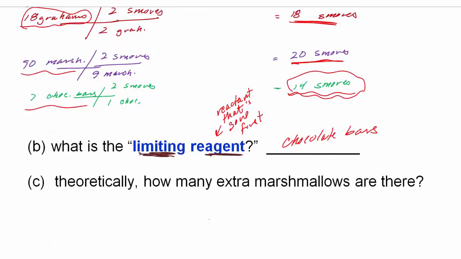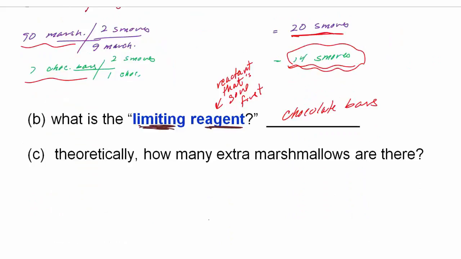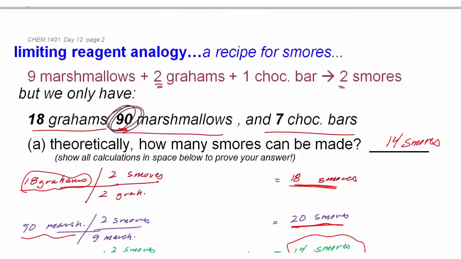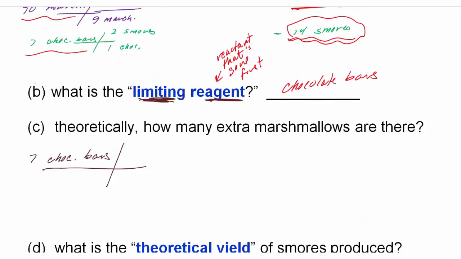Okay? So we're going to start with the limiting reagent, 7 chocolate bars, and convert to marshmallows. And how many? 1 chocolate bar for 9 marshmallows. So 9 times 7 is 63.